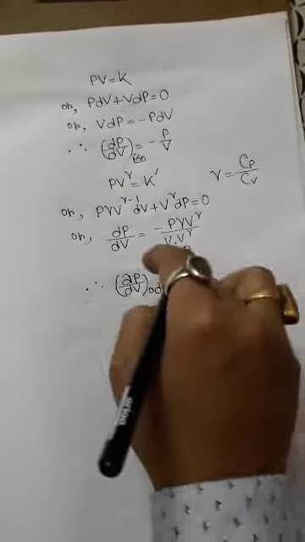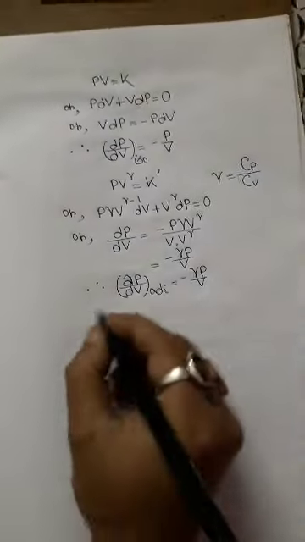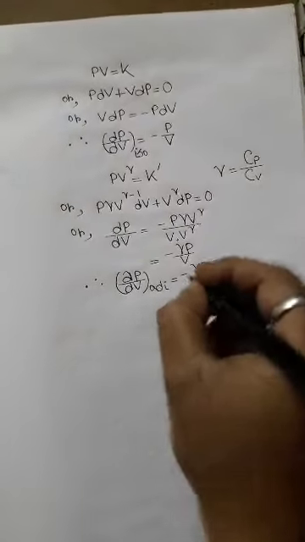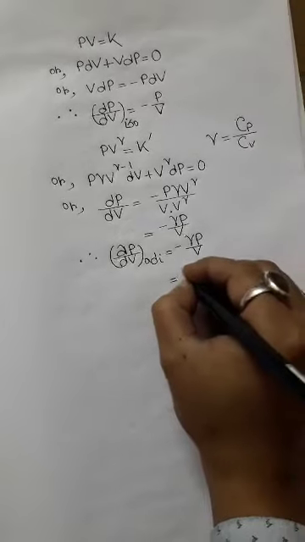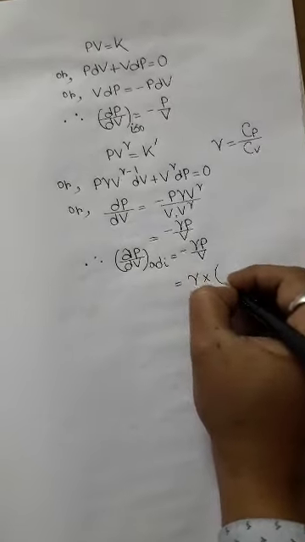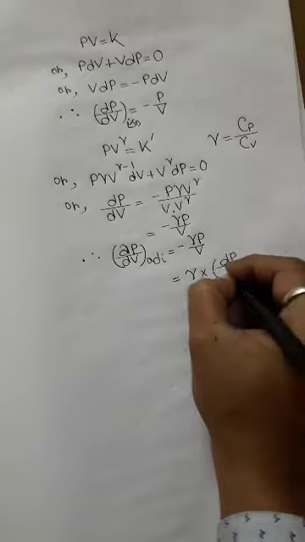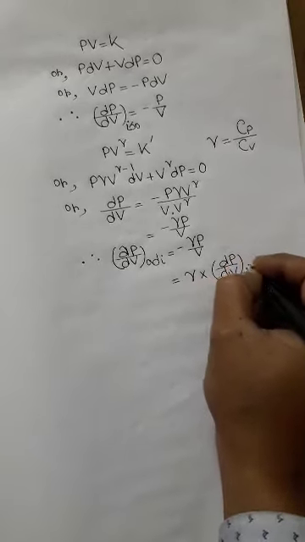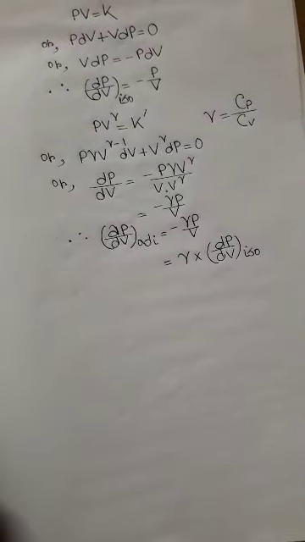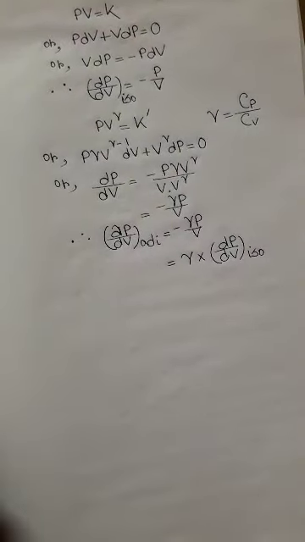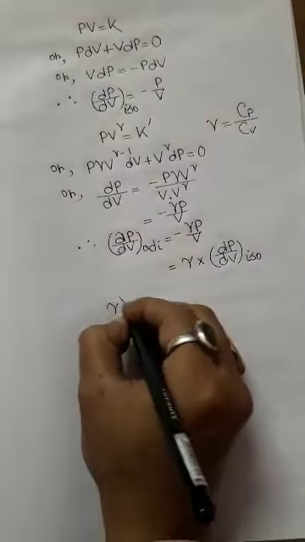Now from these two equations we can easily conclude that dP/dV, the slope of the adiabatic curve, is equal to gamma times the slope of the isothermal curve. We already know that for gases gamma is always greater than 1.